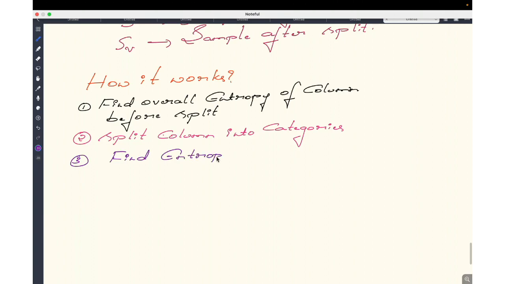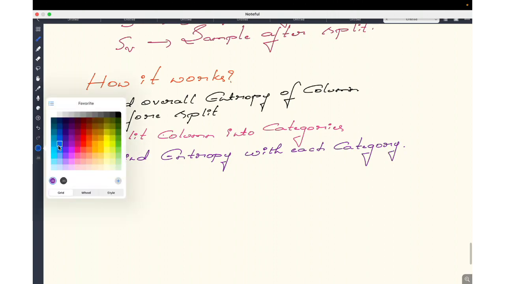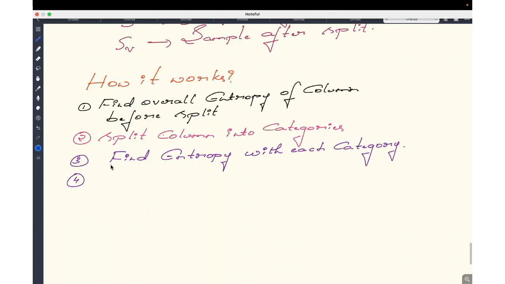You have to find entropy with each category. Once you find an entropy, the next important thing is you have to find information gain for the column.